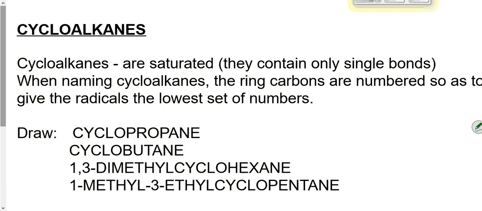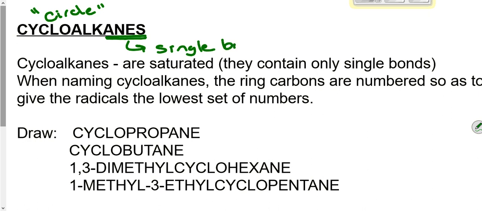There is one more kind of alkane structure we can draw, and that's a cycloalkane. The word cyclo means circle. These structures form rings, but they still will all have single bonds because they end in ane. We're going to follow the same set of rules.